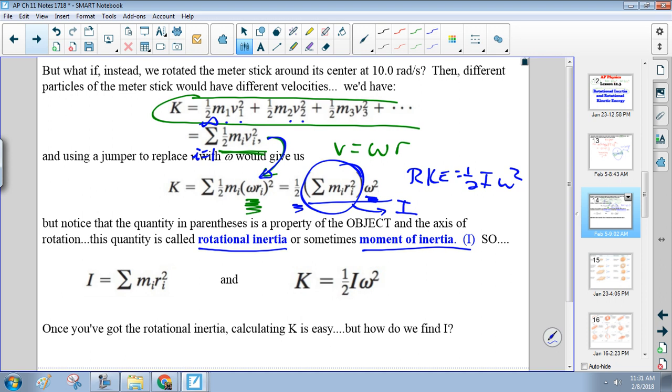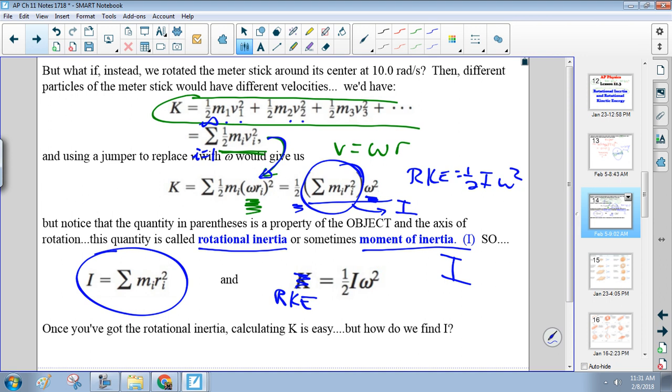The symbol for it, which I've already used a bunch, is capital letter I. So to find the rotational inertia of an object, you sum up mass times radius squared for all of the particles. And then our rotational kinetic energy, I wish I had used RKE here, is 1/2 I omega squared.